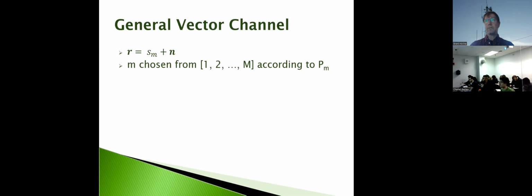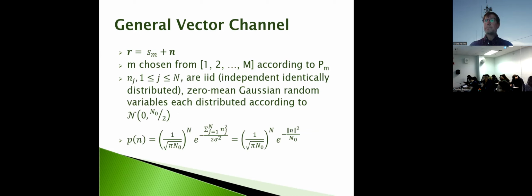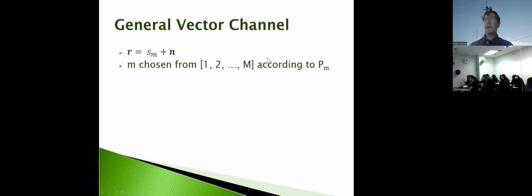So we can talk about a general vector channel. We can describe our channel and our receiver process in terms of these vectors. m is chosen from 1, 2, to M based upon the bits that are coming in, but we describe that as a probability of which m will be sent, right?